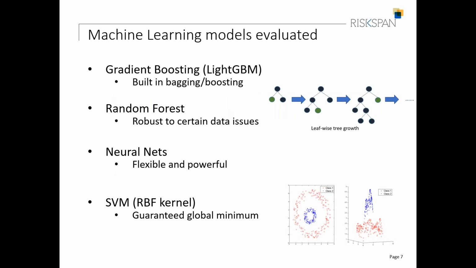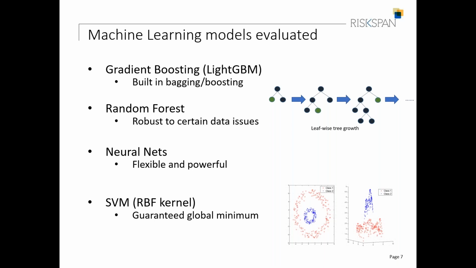When thinking about machine learning, one important thing is to pick the machine model to be used. There are many different machine learning models, each with their own strengths and weaknesses. So we basically tried some of the most popular and most powerful methods available today.